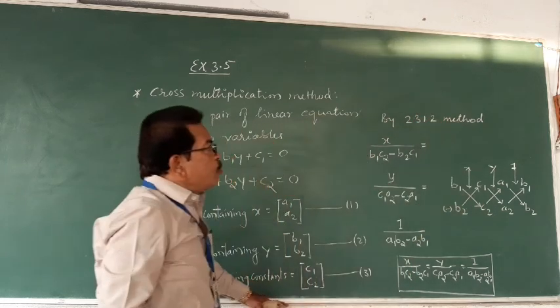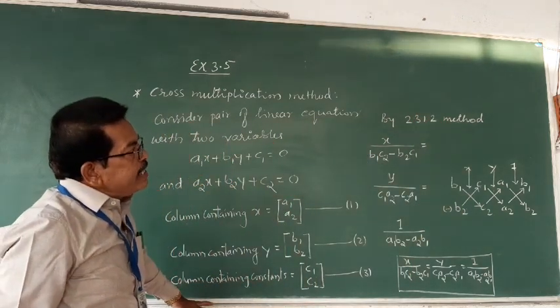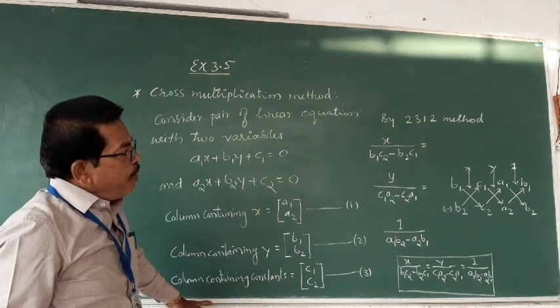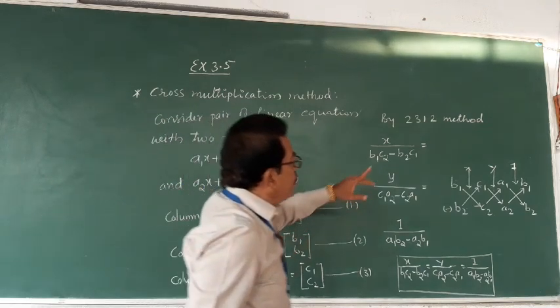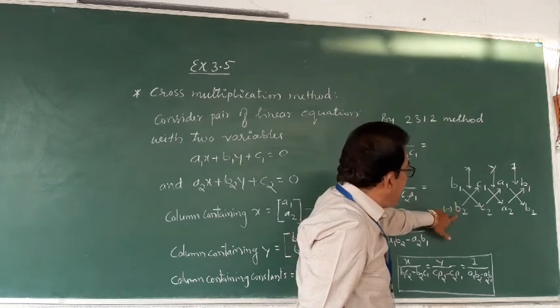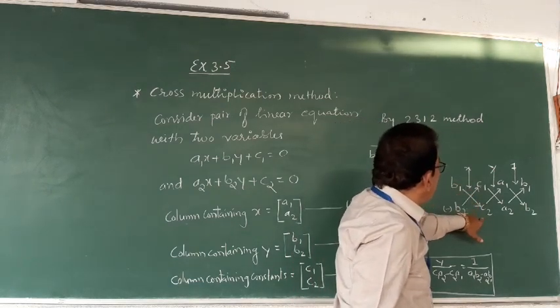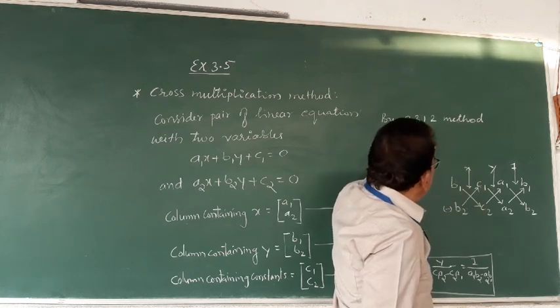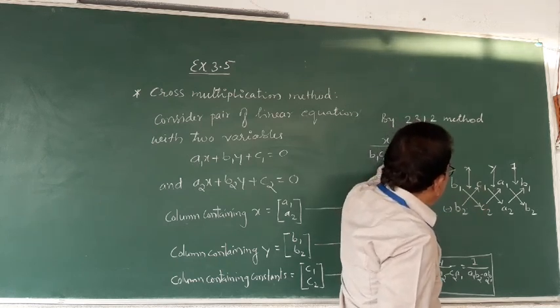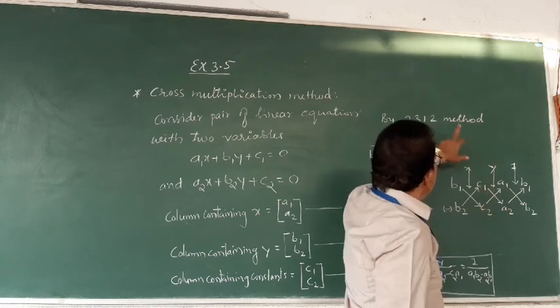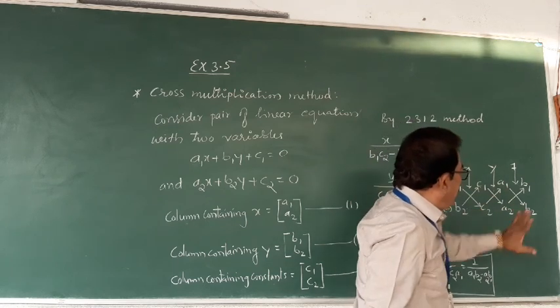What is that 2-3-1-2 method? We have to write the coefficients of 2 in this way, b1 b2. Coefficients of 3, c1 c2. Then again 1, that is the coefficients a1 a2. Then the 2 again, b1 b2.